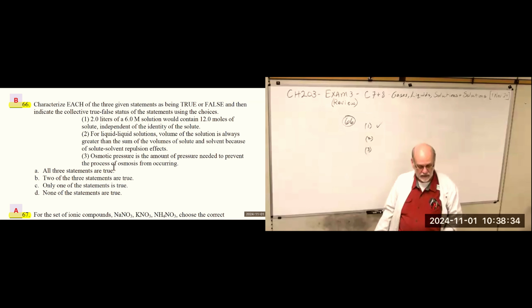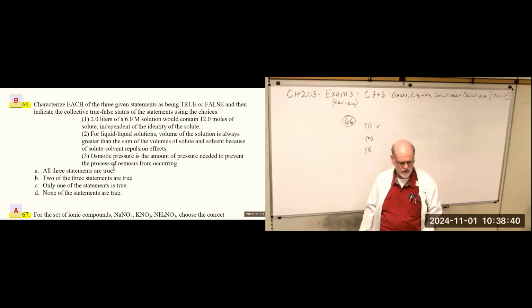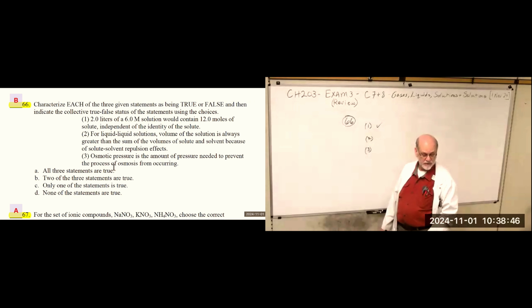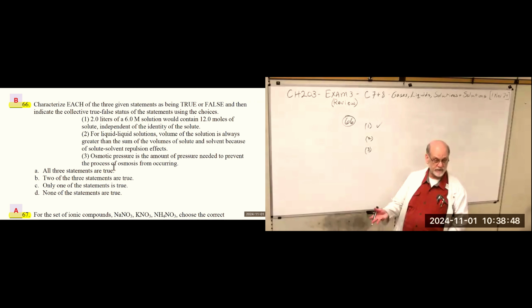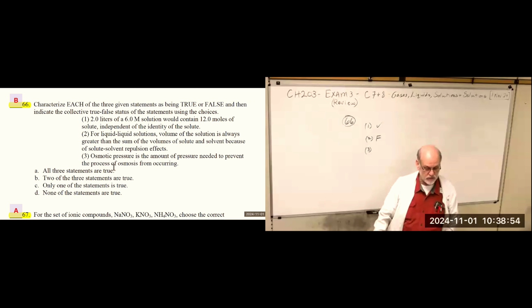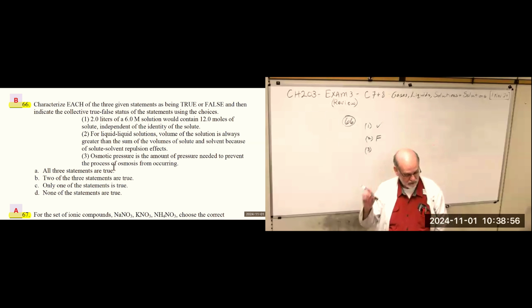Number 2, for liquid-liquid solutions, volume of the solution is always greater than the sum of the volumes of the solute and solvent because of solute-solvent repulsion effects. Not always. Sometimes the volume is less after the solution is formed. Sometimes it's more. So that one's false. As a blanket statement, 2 is not true.